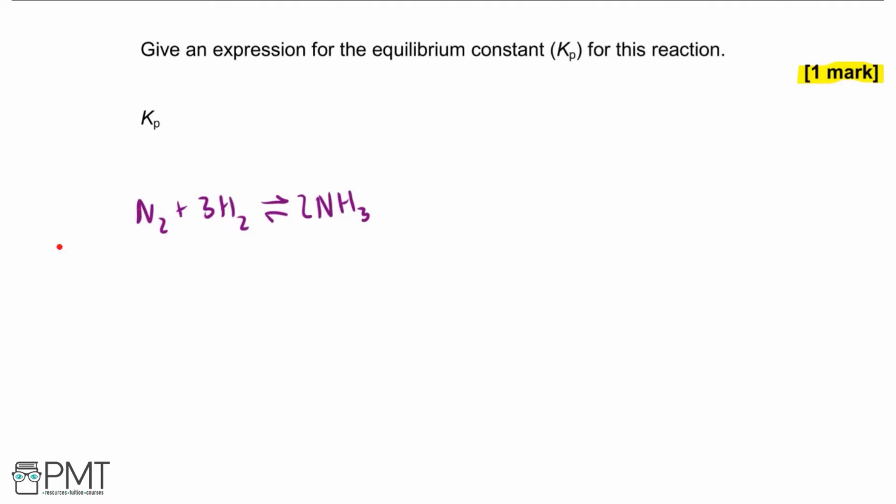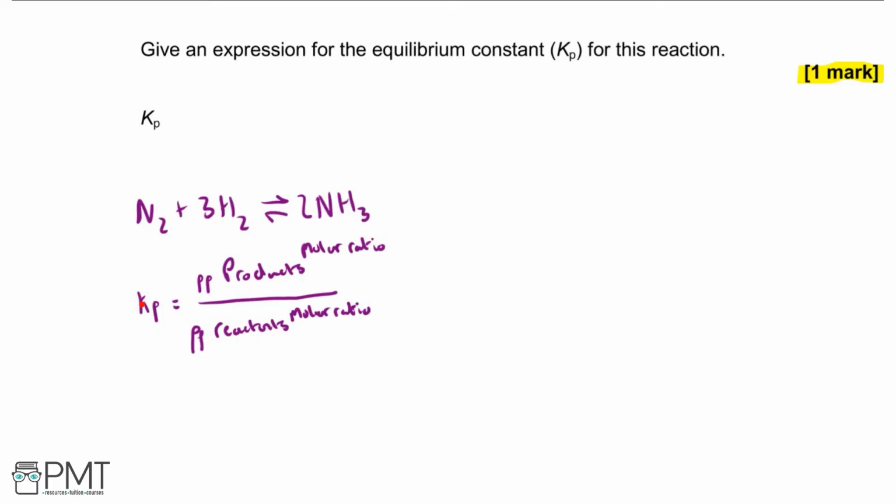Now, the equilibrium constant Kp, in its general form, is the product of the partial pressures of the products, each to their respective molar ratio, divided by the product of the partial pressures of the reactants, again each to their respective molar ratio.